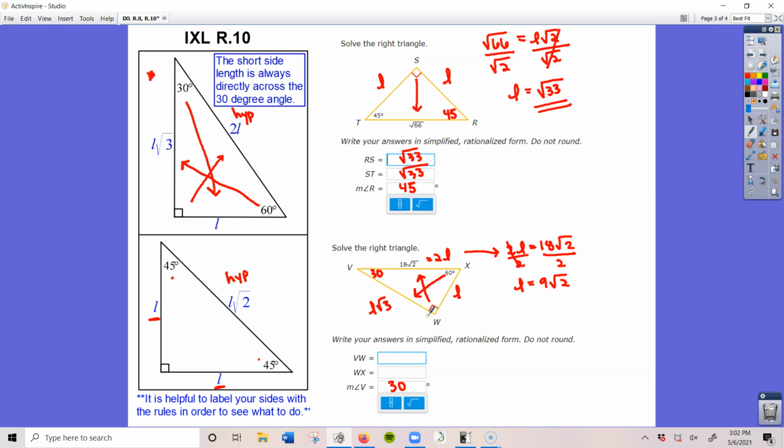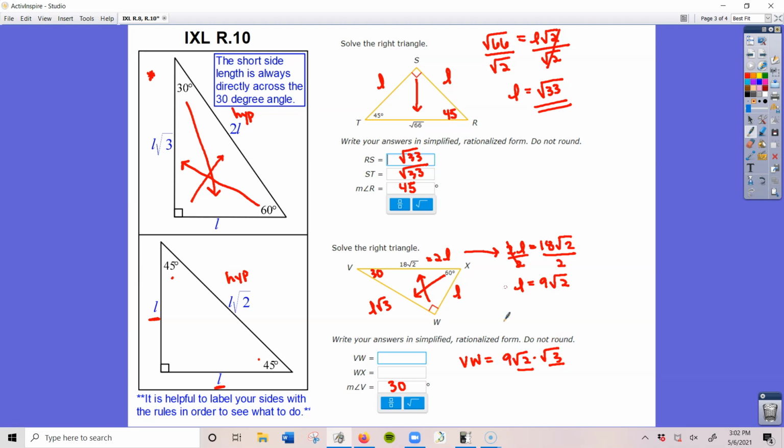So VW is going to equal L, which is 9 square root 2, times the square root of 3. I can only multiply the radicals together, since remember, you can't mix inside with outside, it has to be inside with inside, outside with outside.